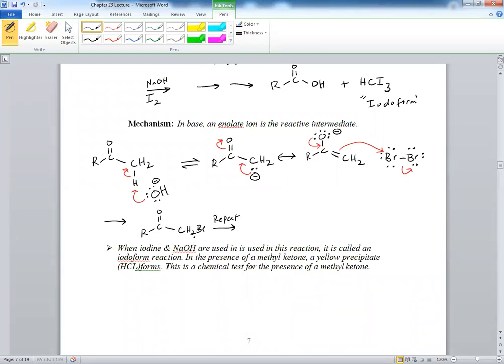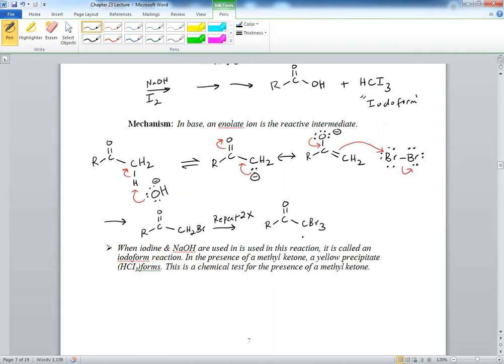You deprotonate the H, and then you form the enolate, which attacks another bromine molecule, and so on and so forth. So repeat twice, and you actually end up with, finally, polysubstitution here. So you have CBr3.